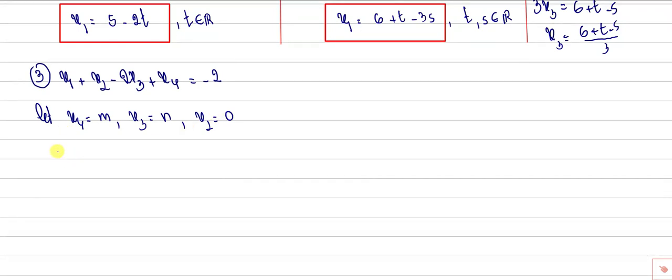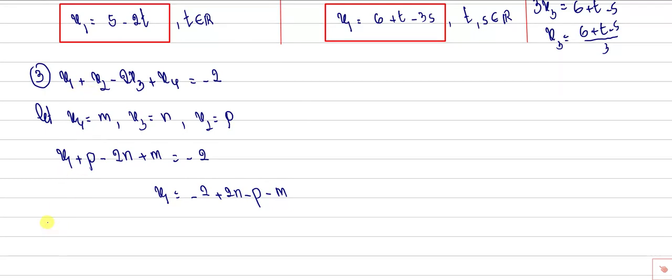So our equation becomes x1 plus p minus 2n plus m equal to minus 2. So we got x1 is equal to minus 2 plus 2n minus p minus m.